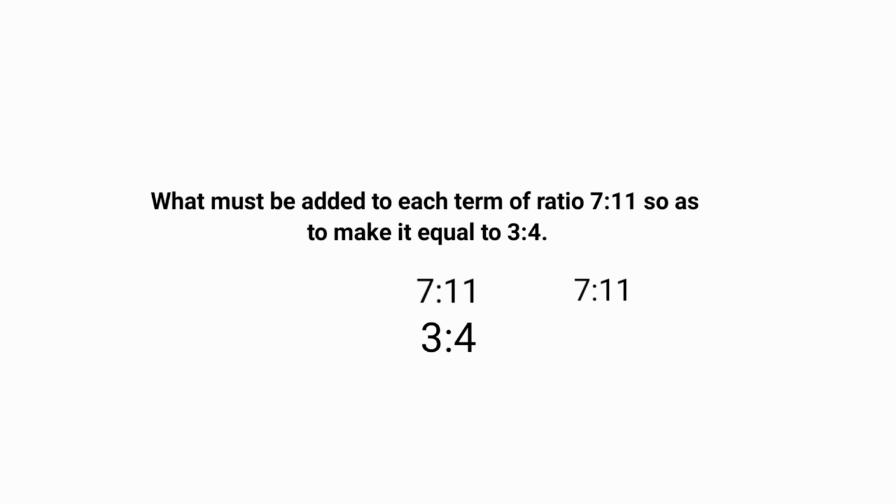So multiplying 3:4 with 4, we will get 12:16. So we got this difference equal, that is 12 minus 7 is 5 and 16 minus 11 is 5. From this, it is clear that the term which must be added to the ratio 7:11 is 5, so that the new ratio will be 3:4.